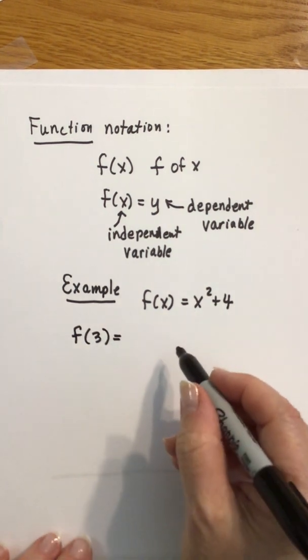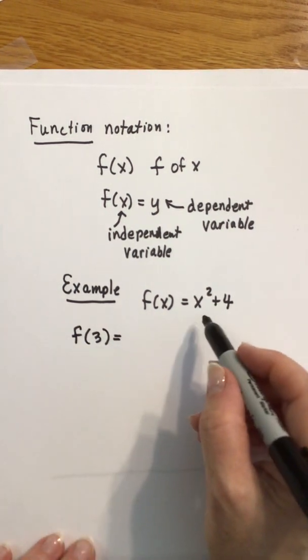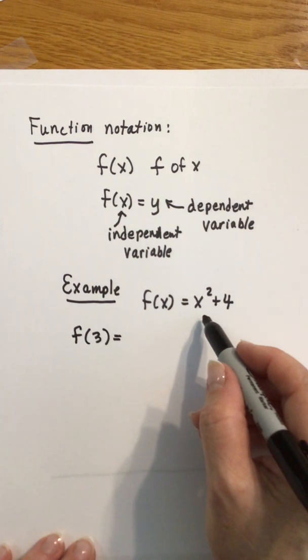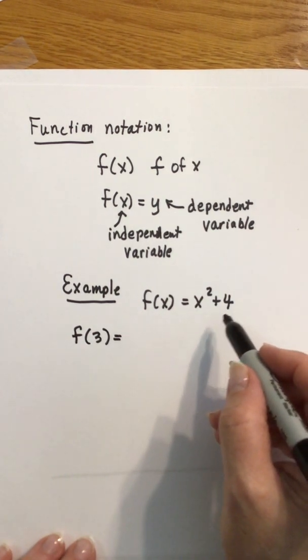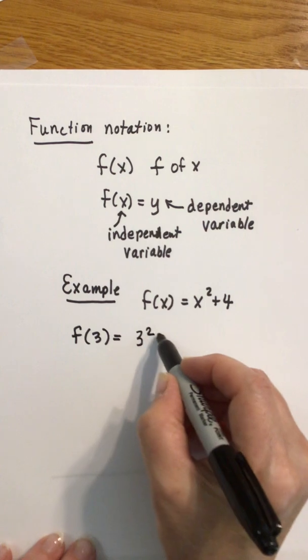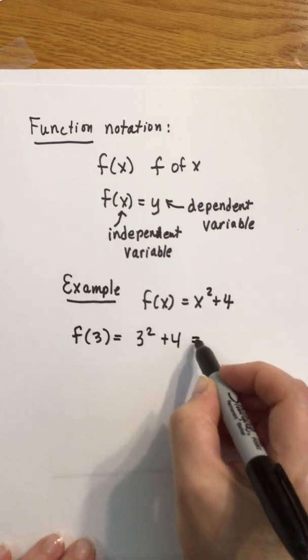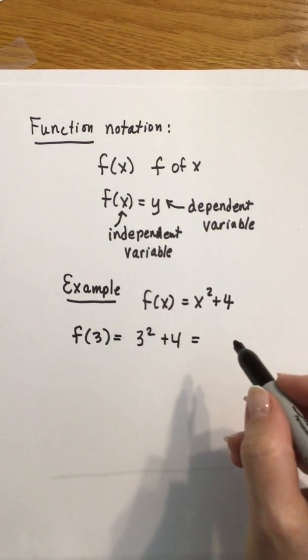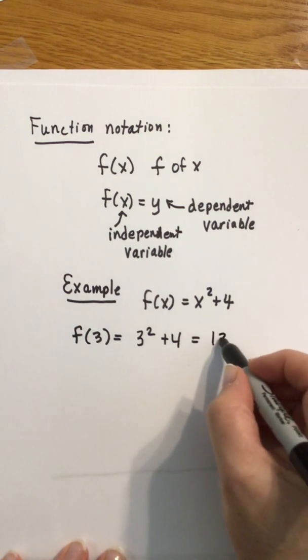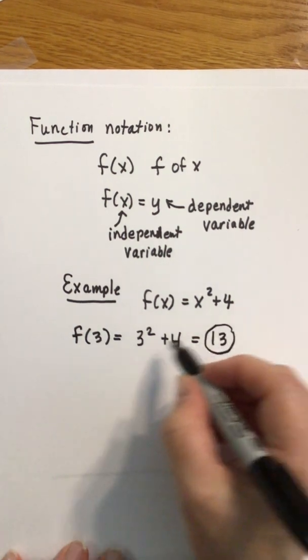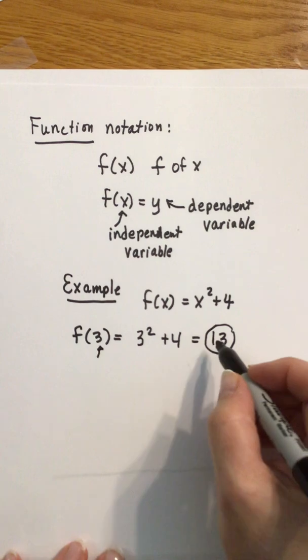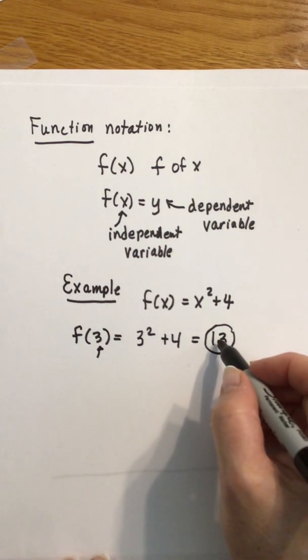So 3 is my input. I'm going to input 3 in for x. My action says to square x and add 4. So I'm going to have 3 squared plus 4. 3 squared gives us 9, plus 4 is 13. So our input would be 3, our output would be 13.